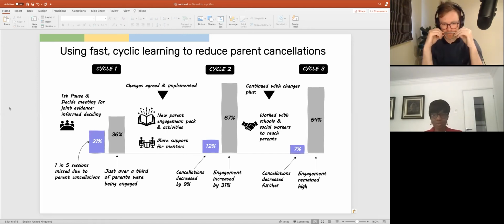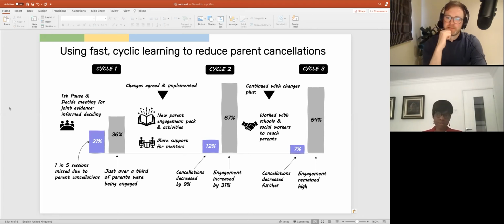And we didn't necessarily change the program theory. We tested a hypothesis, basically. So it didn't mean that we had to change core mechanisms or anything like that. What it meant was, in terms of what you call the earlier structures that you have in place in the program, so the support and the activities, we had to put more into that, or add something new, which was new parent engagement activities and more support during supervision for mentors.